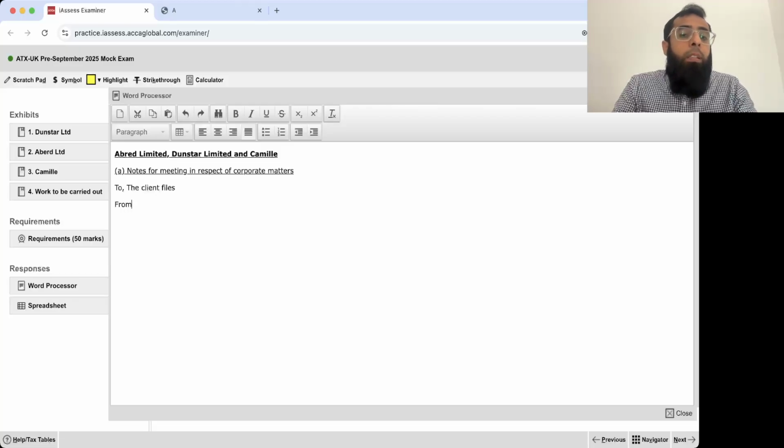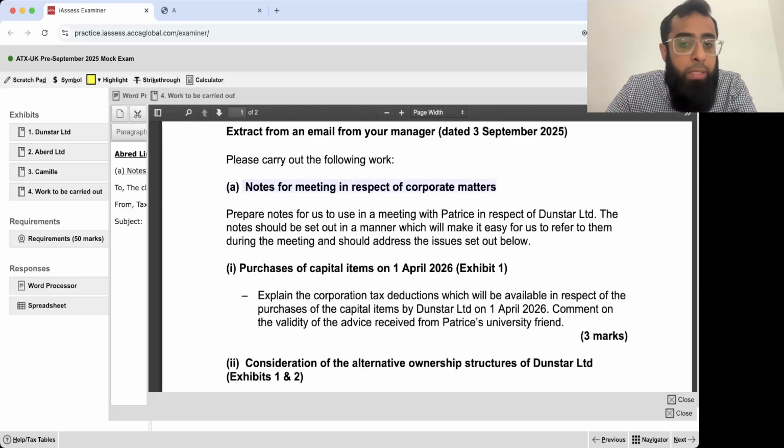Now, don't write your own name here. Refer to yourself as a tax senior or a tax supervisor, because the manager is communicating to you. Subject: what is the subject for which we are preparing these notes for the meeting? We are preparing notes for the meeting in respect of Dunster Limited.